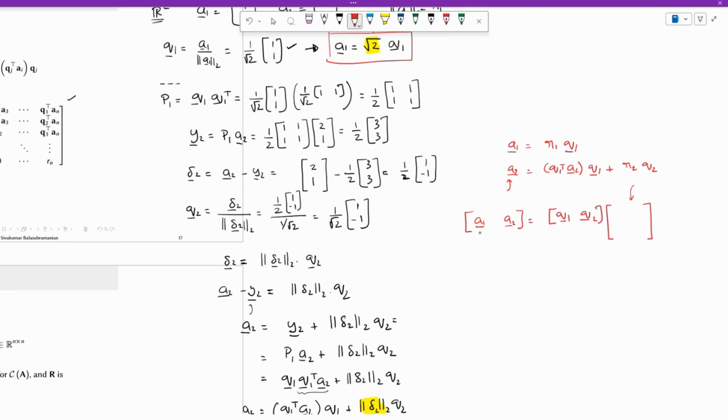We know A1 is R1 times Q1 and it does not depend on Q2. That means the first column must be R1 and 0, right? Because if you do the matrix multiplication, A1 will be equal to R1 Q1. What about the second column? What will be the second column?